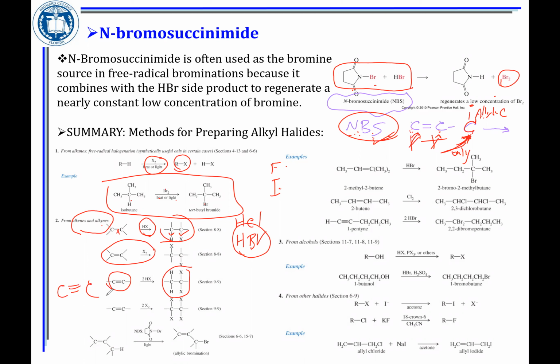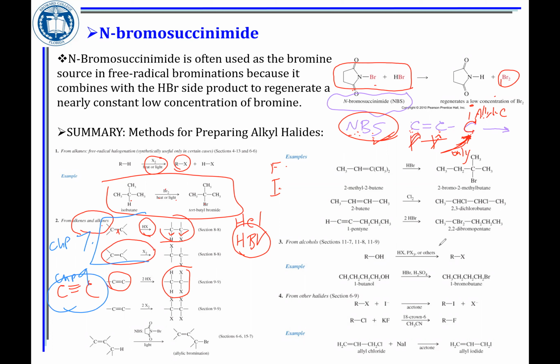The reactions in blue are going to be covered again in chapter 7, and this one is chapter 9. But these are some of the methods you can use to prepare alkyl halides, with the examples shown here.